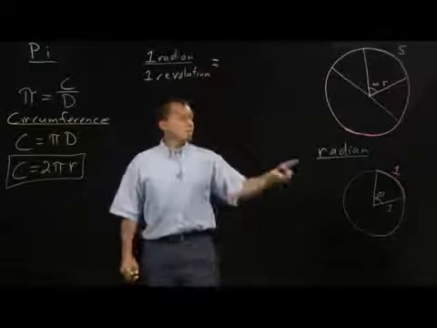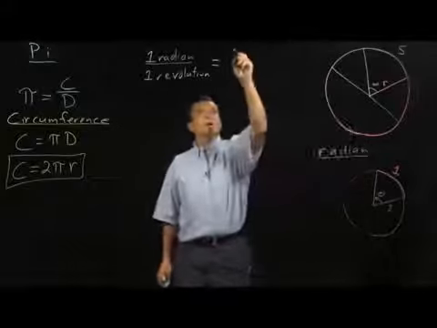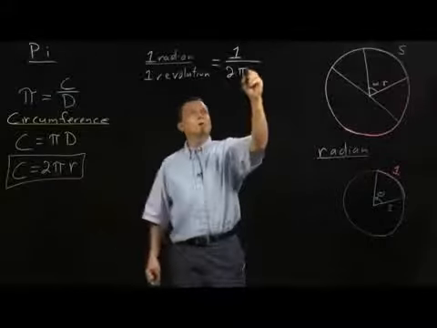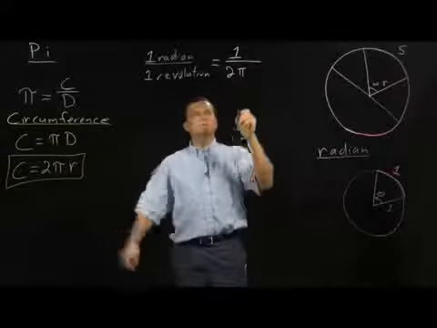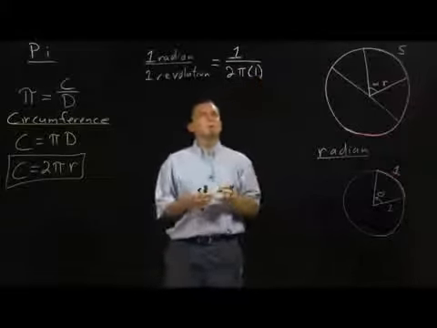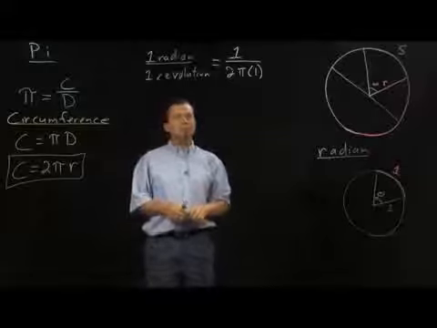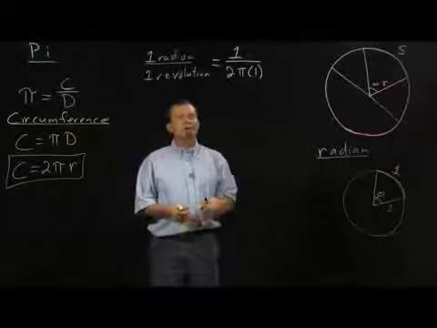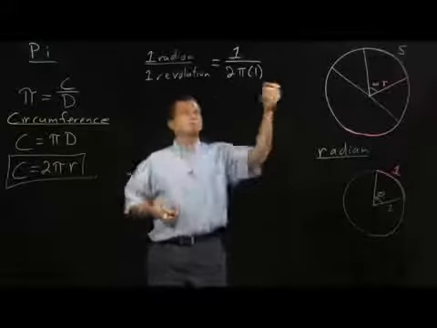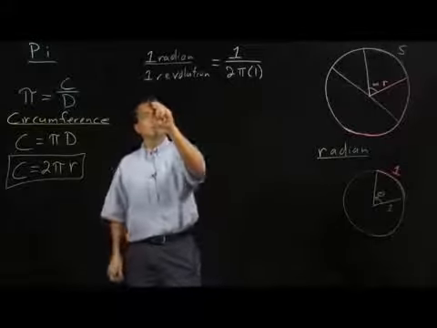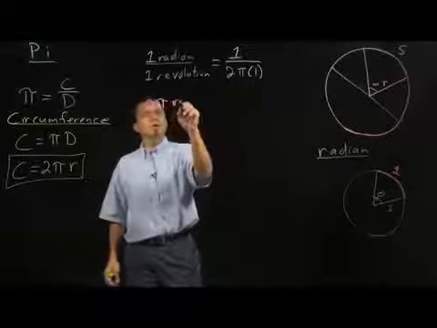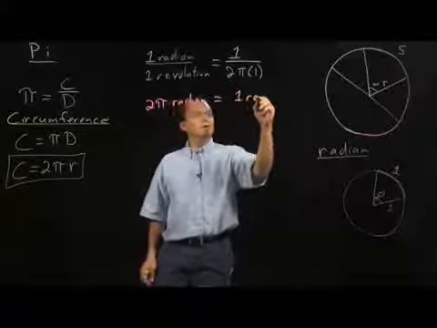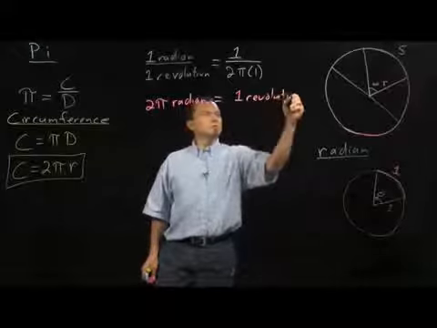That's going to be the same as the length 1 is to our circumference, which is 2 pi times 1. So if we multiply up both sides by 2 pi, we end up that 2 pi radians is the same as 1 revolution.